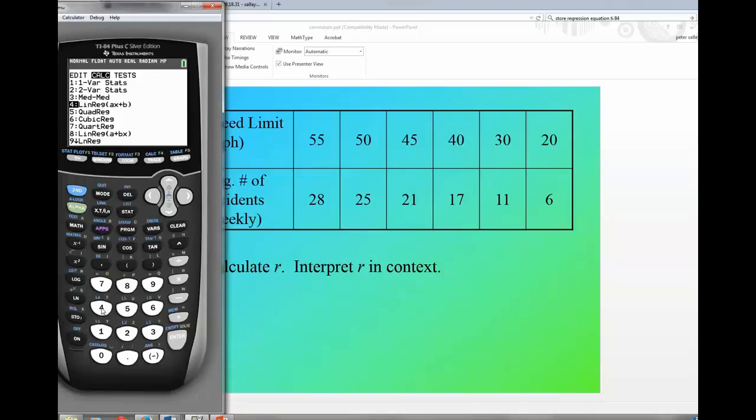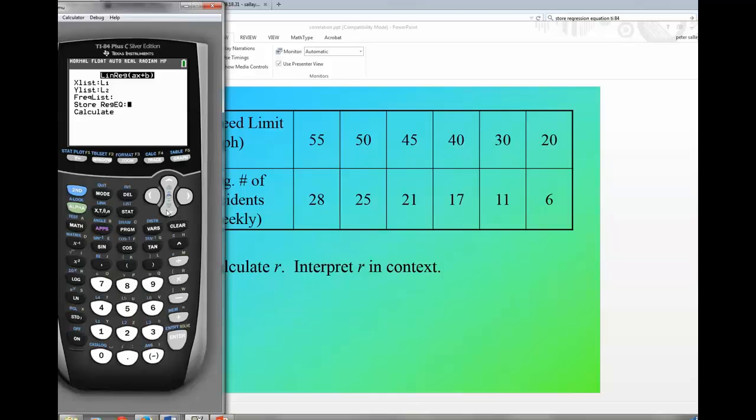So just pick the first one, linear regression. It asks if the x's are in list 1, yes, and the y's are in list 2, yes. If we had a frequency list, like what I call histogram data, where it was counts of objects, I would tell it which list that information is stored in. We don't have that.